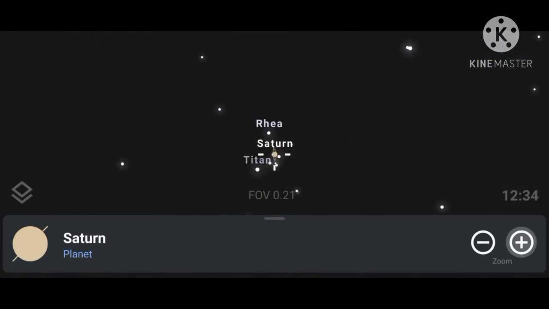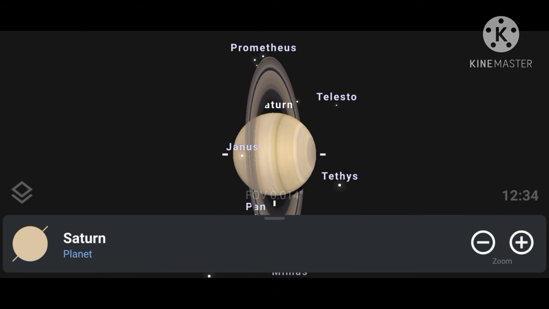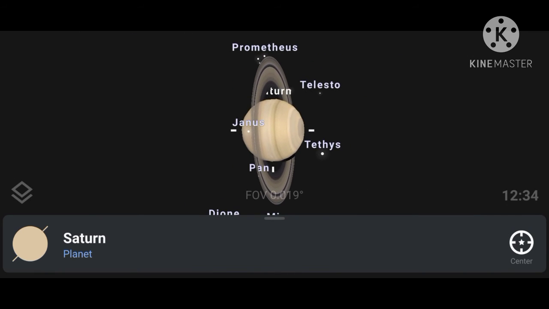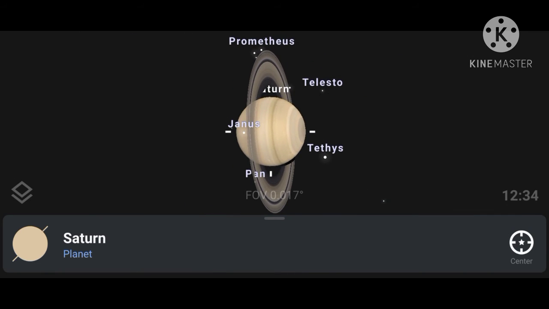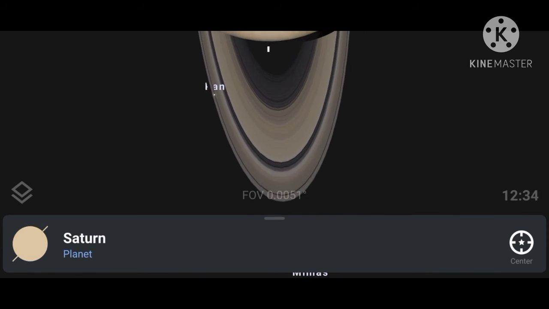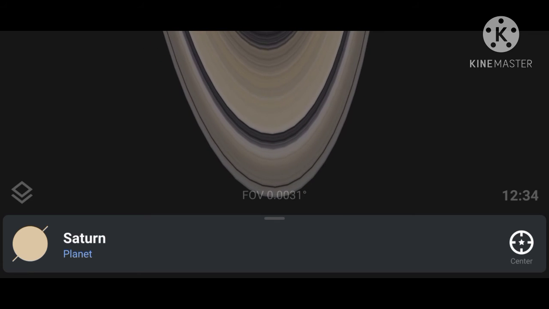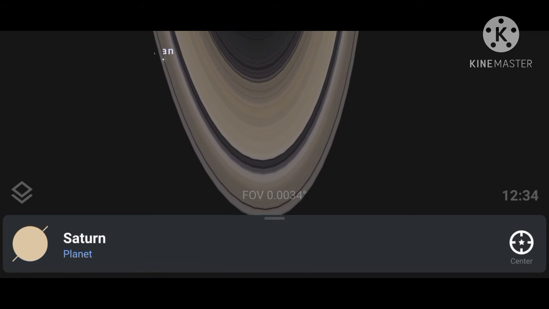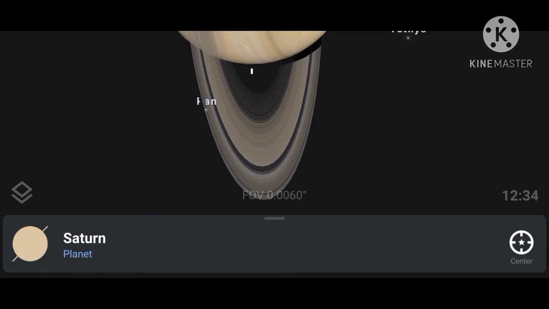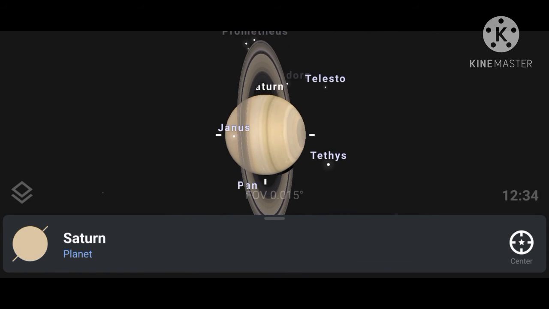We can zoom it here. And as we all know, Saturn's prominent feature is the existence of its rings. These rings are also further divided into different divisions, known as Cassini's division, from A to G, if I am not mistaken.